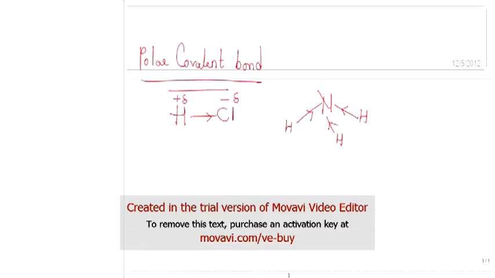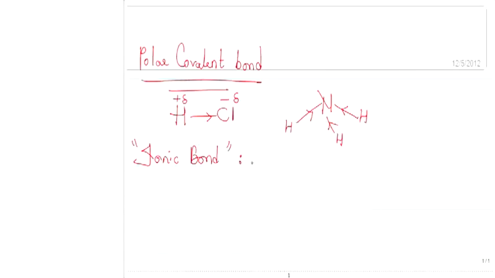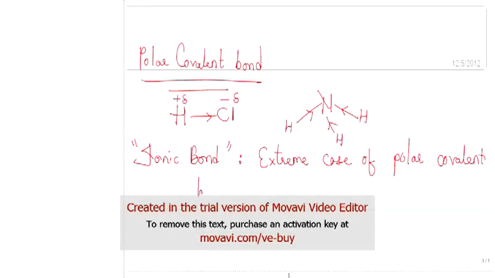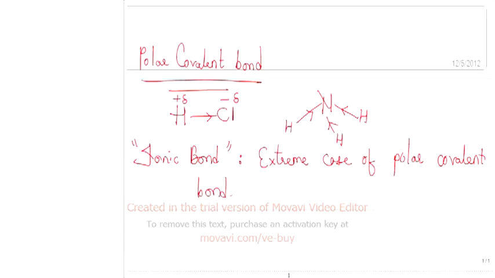So here, you just have to know that ionic bond is the extreme case of polar covalent. In general, any polar covalent bond will have some ionic character in it.